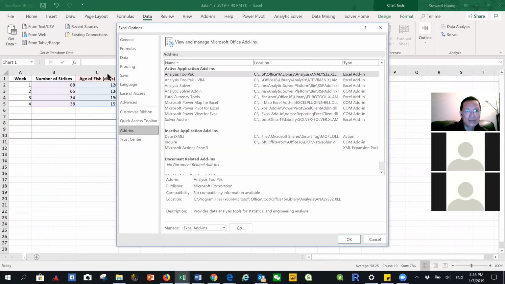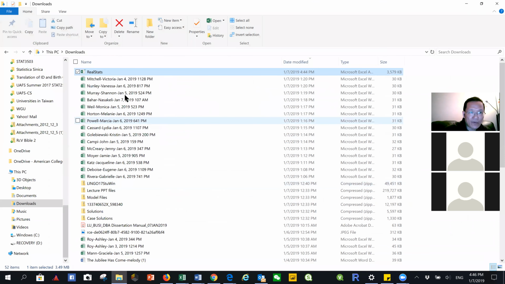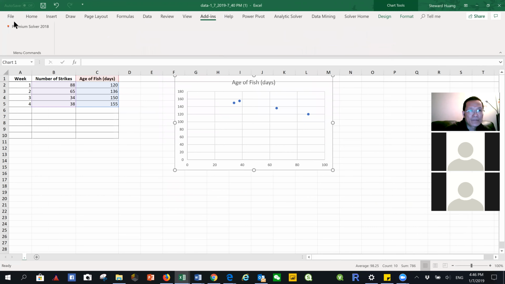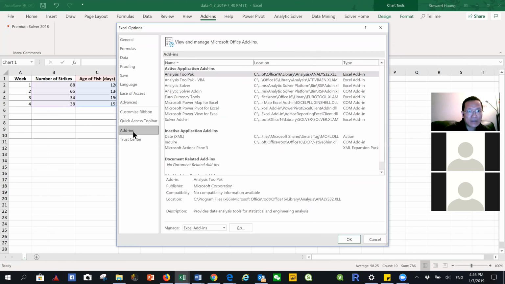That's wrong. Okay. I successfully installed it before, but not every time when you change a computer. Anyway, then you open options, add-ins.